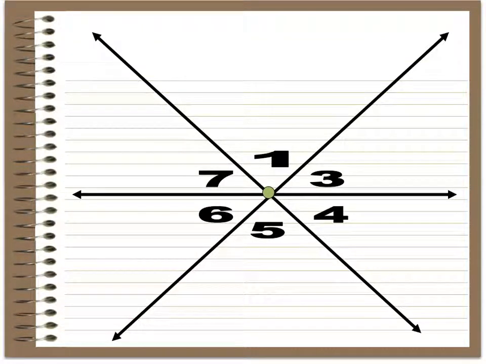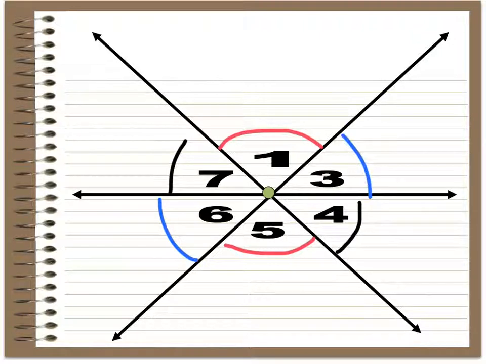So using this diagram we can find vertical angles. We can identify that angle 4 is vertical to angle 7, angle 1 is vertical to angle 5, and angle 6 is vertical to angle 3. We can also do measurements of angles and say that if angle 3 is 40 degrees and angle 1 is 70, I also know that angle 6 is going to be 40 degrees because they're congruent.